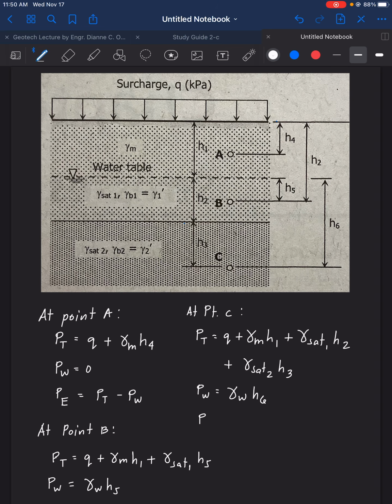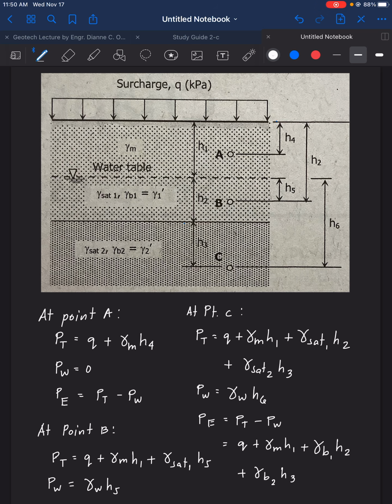Next, we have the P effective is equal to P total minus PW. Or, we can have it as Q plus gamma moist H1. Then when it comes to the submerged portion, we will take the gamma buoyant or gamma effective 1, H2, plus gamma buoyant or gamma effective 2, then we have there H3.